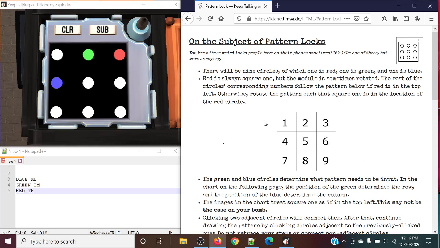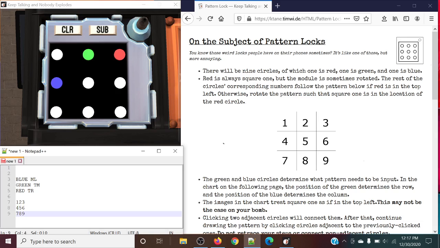Red is always counted as square one, but sometimes the module is rotated, and we need to rotate it 90 degrees clockwise so that the 1 is indeed in the same position that the red is in. So we have our 1, 2, 3, 4, 5, 6, 7, 8, 9, and we need to rotate it 90 degrees clockwise.